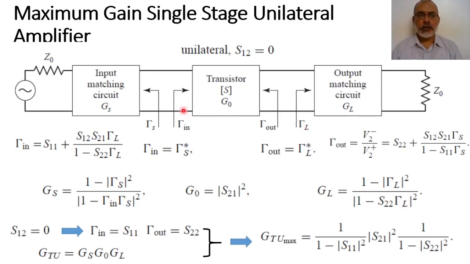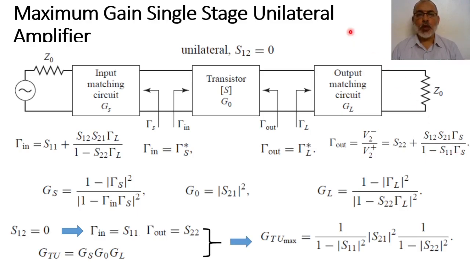In the general case, gamma in equals S11 plus S12 S21 multiplied by gamma load over 1 minus S22 gamma load. We have already proved this relation. In a similar way, gamma output in the general case is S22 of the transistor plus S12 S21 multiplied by gamma source over 1 minus S11 gamma source.